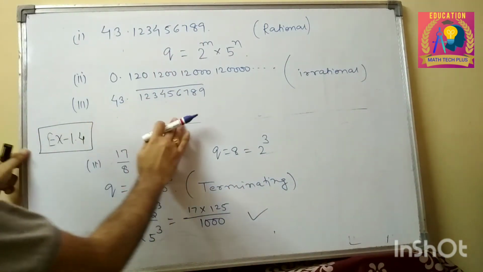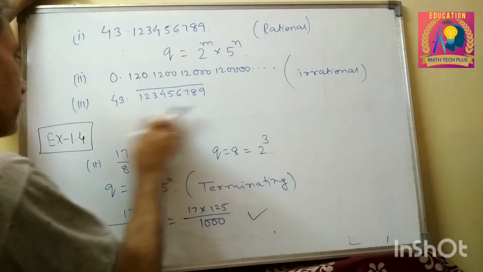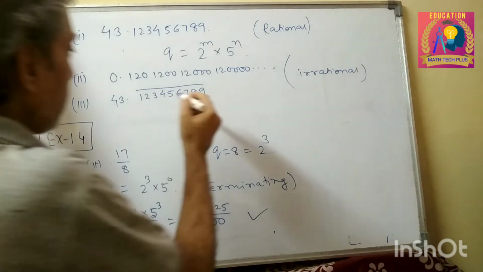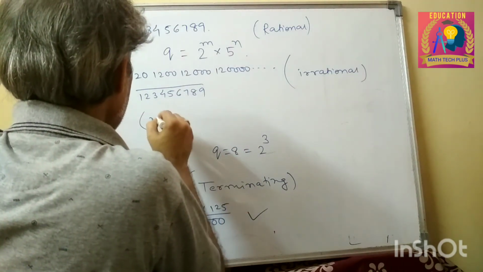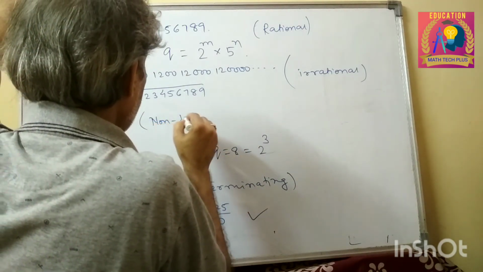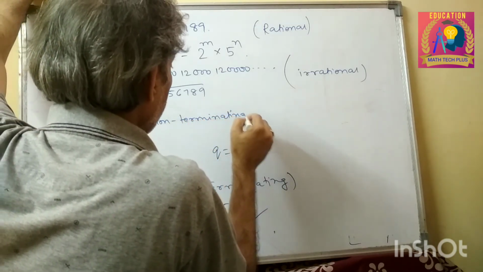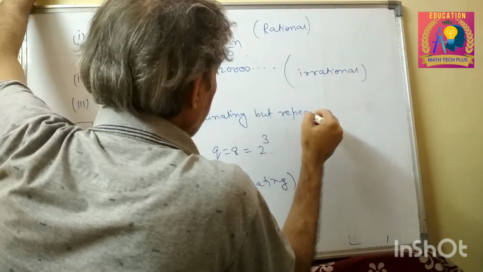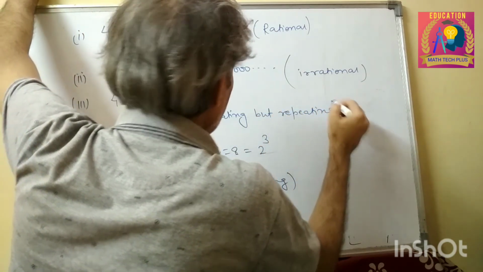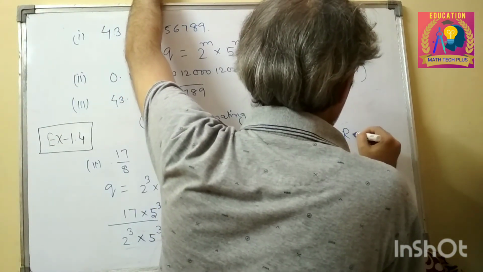But as I have explained, according to theorem 1.7 of NCERT, it is non-terminating but repeating. Its decimal form is non-terminating but repeating. Therefore, it is also rational.